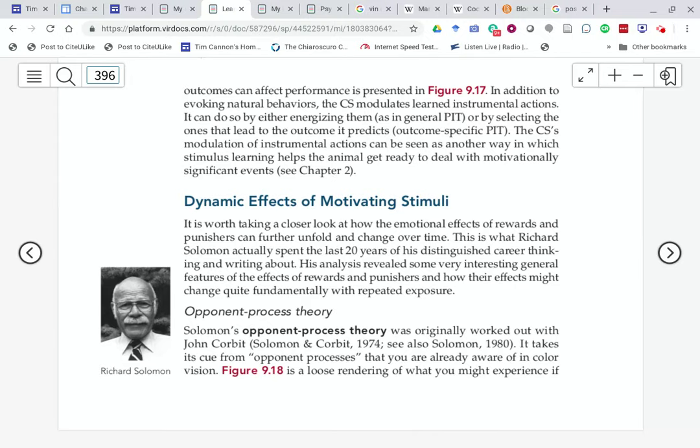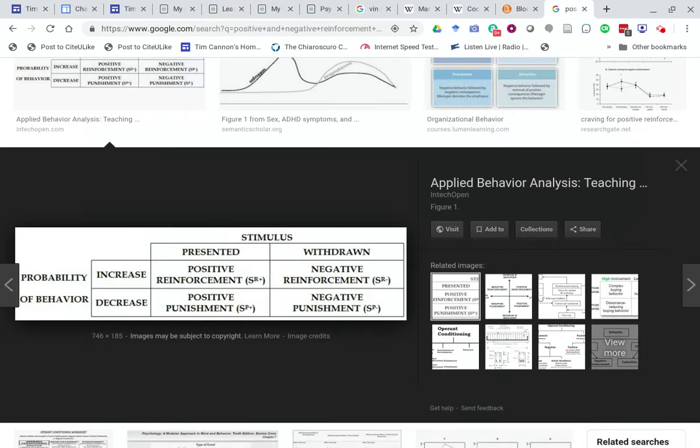So learning theory is really, really important to understanding many aspects of clinical psychology. Cognitive behavioral therapy, which I like to call the therapy that works, is something we all should know how to do.